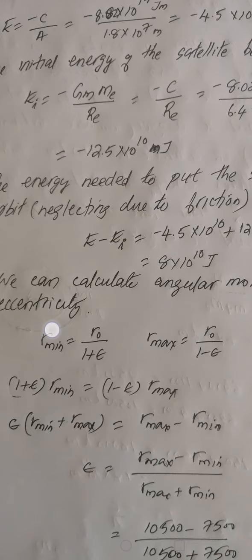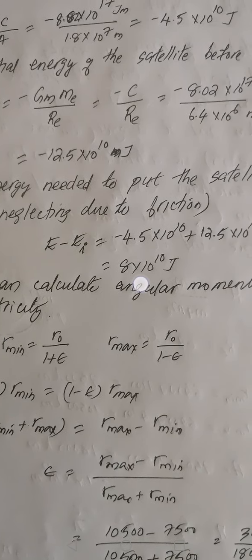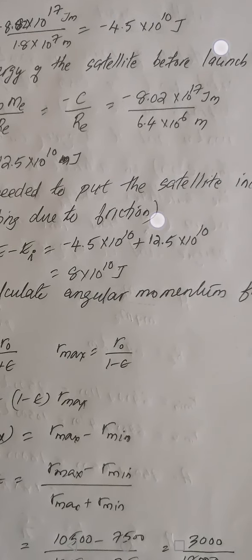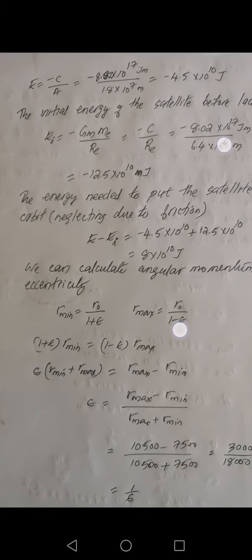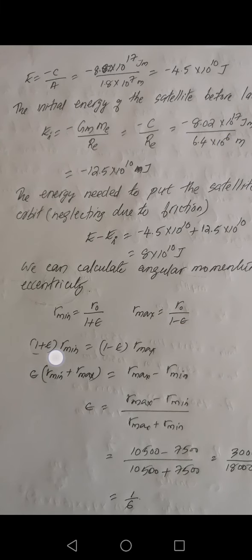That is minus G M Me by Re, which is equal to minus C by Re. So that is 8.02 into 10 raised to 17 divided by 6.4 into 10 raised to 6. You will get minus 12.5 into 10 raised to 10 joule. That is the initial energy.